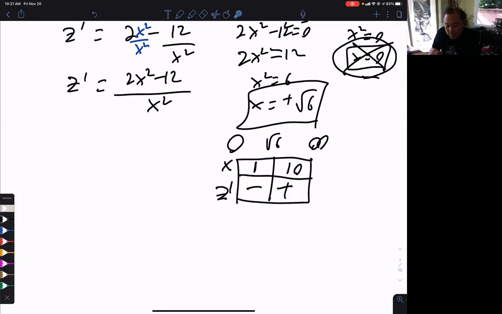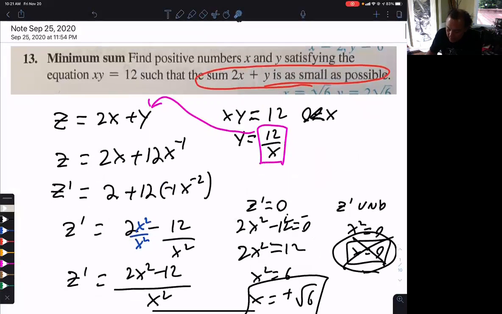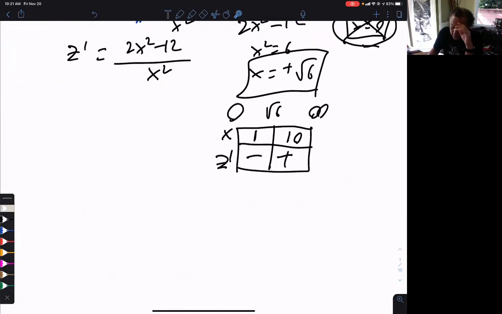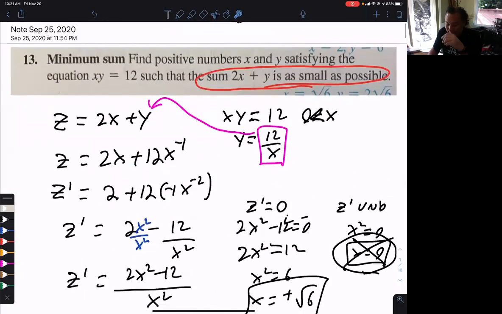So there's an absolute min at x equals radical 6. So you want it as small as possible. So therefore you want the x and y coordinate. So we found x is radical 6. How do you find y? Well, you put radical 6 there and you find your y. And that's how you would do number 13.